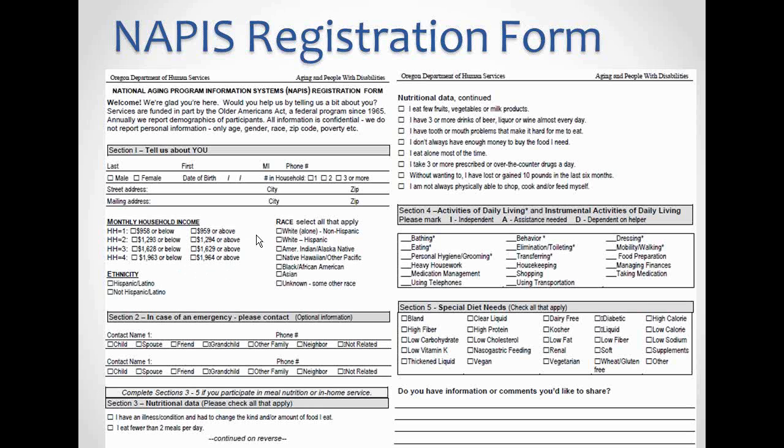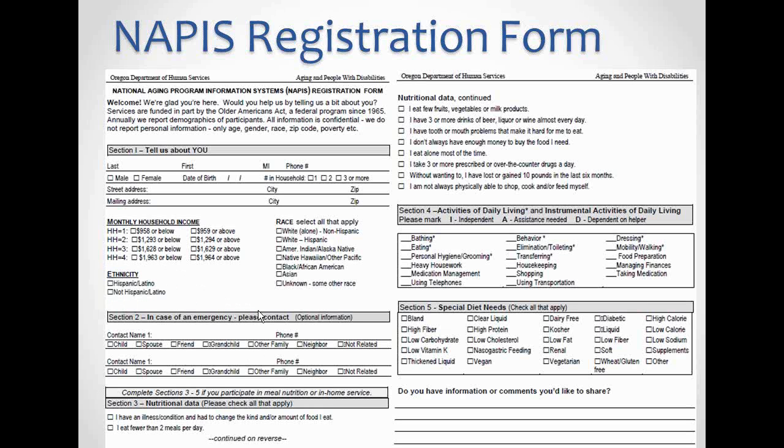Here we need to know, are they below or above? So we can determine the number in the household. They're going to select which one of these is, or you ask them and you complete this, and this will determine if they are at poverty or not. Here we have the race right here, and here is our ethnicity.